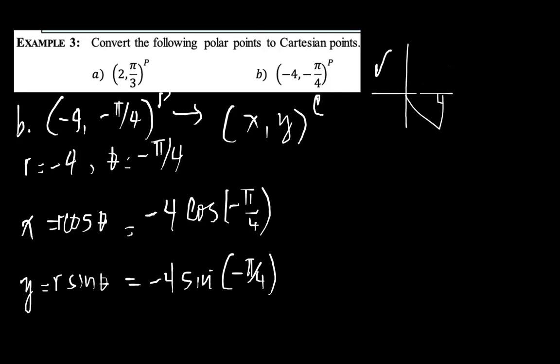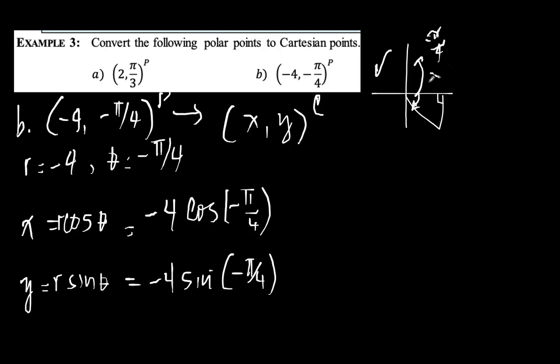Okay, so this is our -pi/4 angle. Since it's negative, it should be found at the fourth quadrant. This is equivalent to -45 degrees.